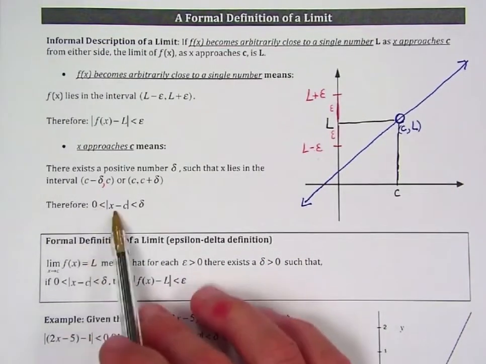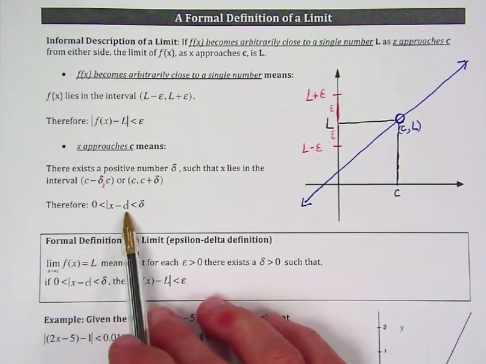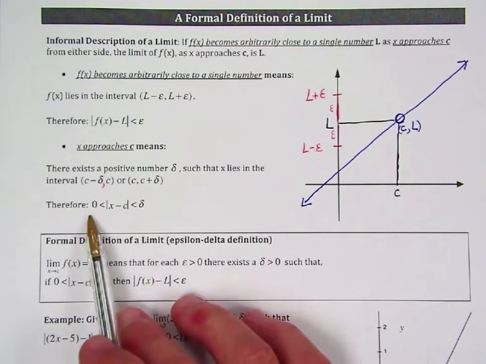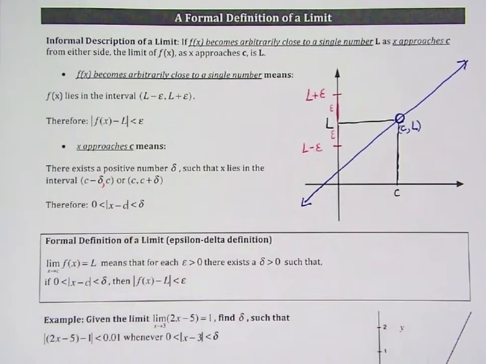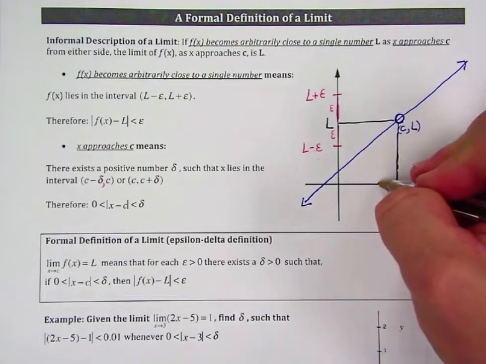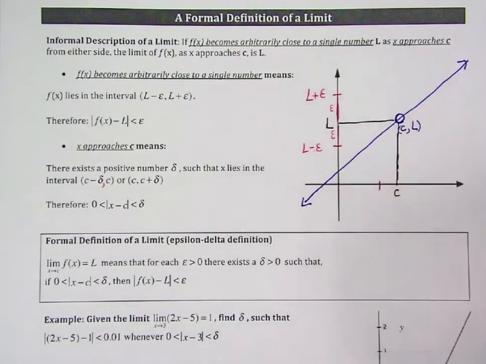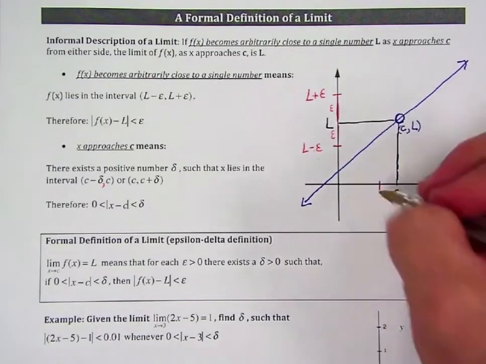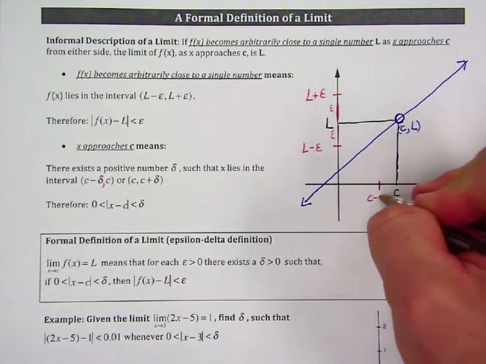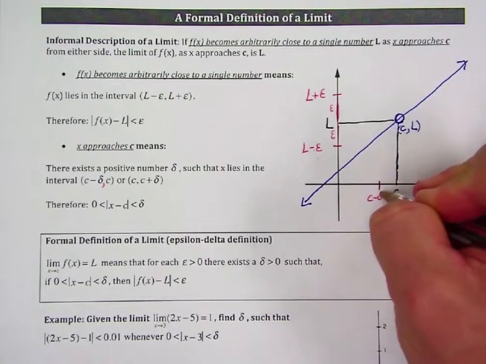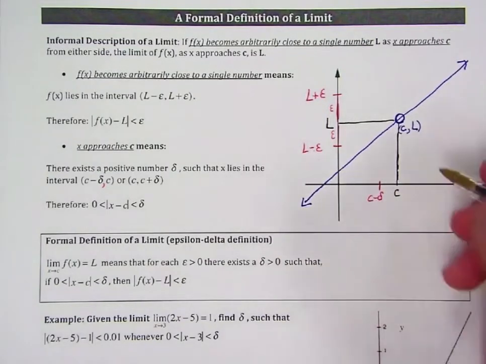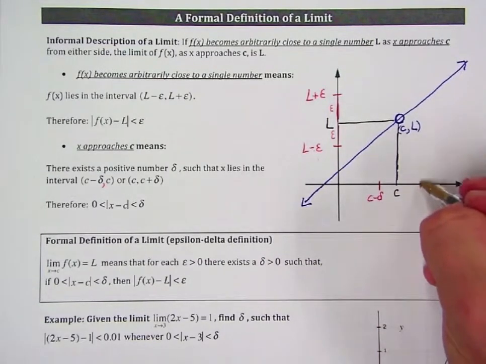At any rate, we're going to have x minus c being between 0 and delta. So all we mean by that is we're going to take delta away from c. We'll call this c minus delta. So there exists a delta where we can subtract it there, and also where we can add it.